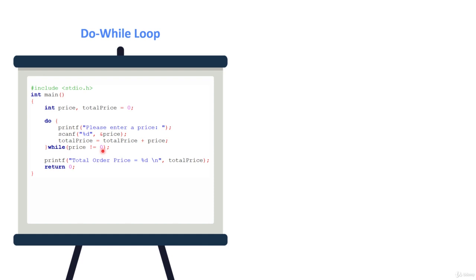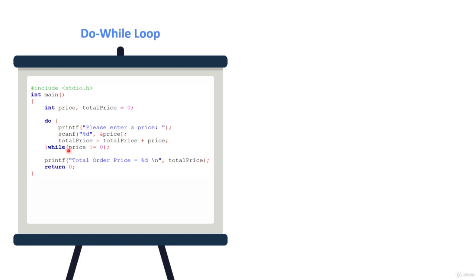The only difference is that the first time we hit that do while loop, we will run all of the loop body commands regardless of the condition, regardless of whether the price is 0 or not. We are first of all going to execute the loop body for the first time.